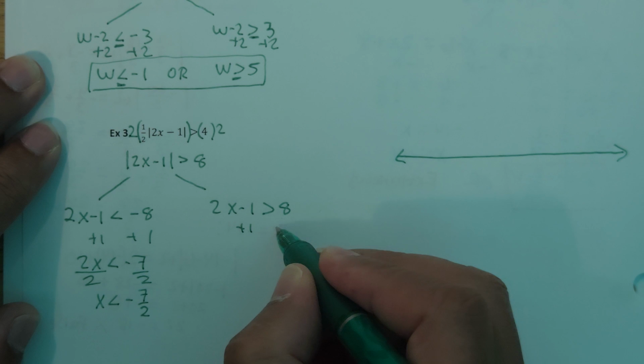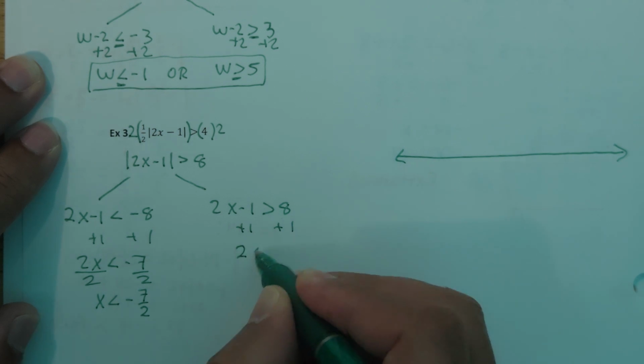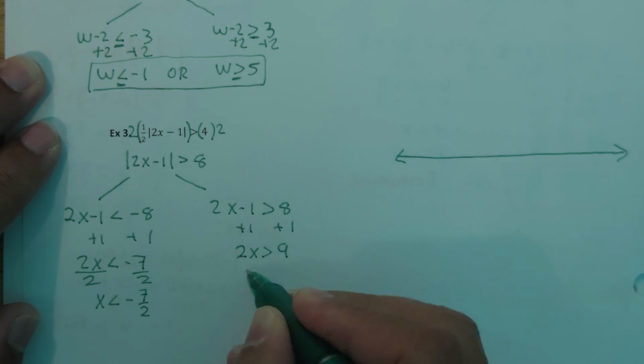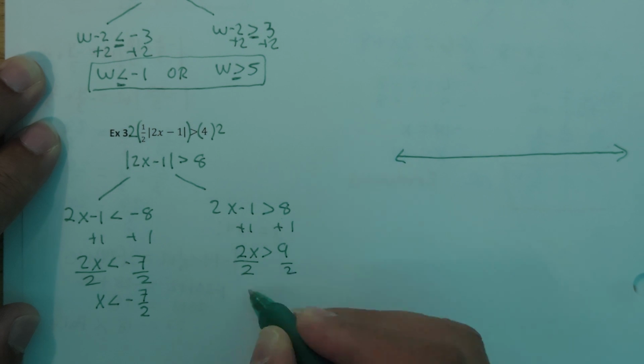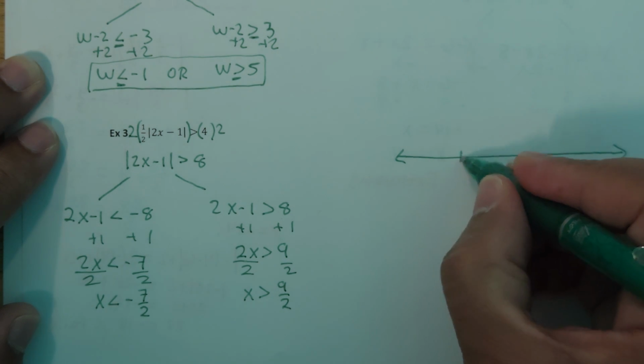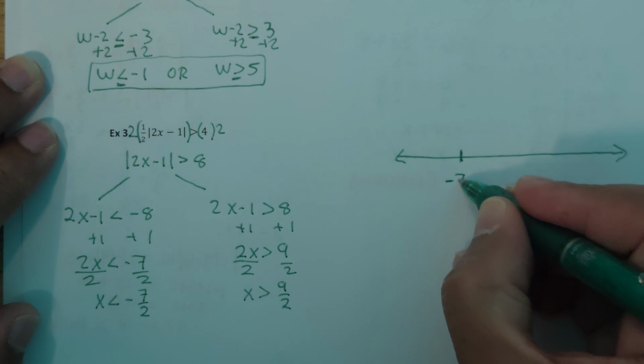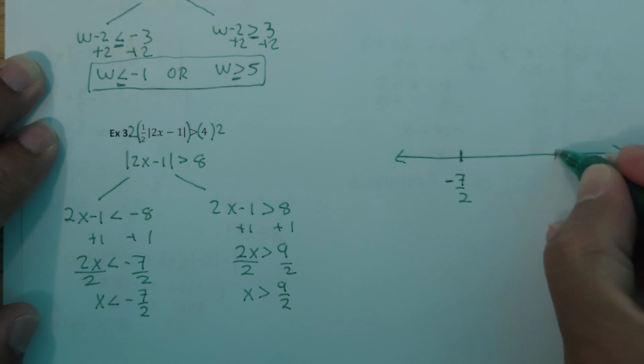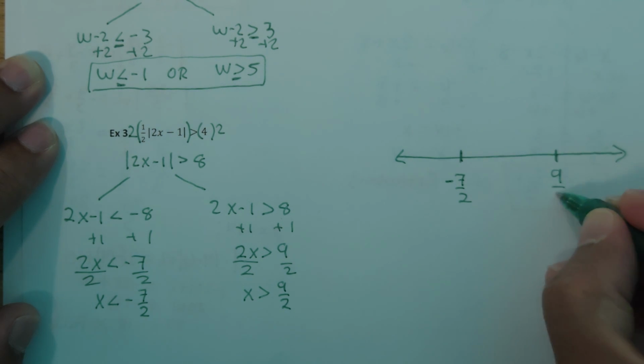And then also add 1 here. So then we have that 2x is greater than 9, then divide by 2. So x is greater than 9 halves, or 4.5. Let's say this is negative 7 halves, and let's say this is positive 9 halves.